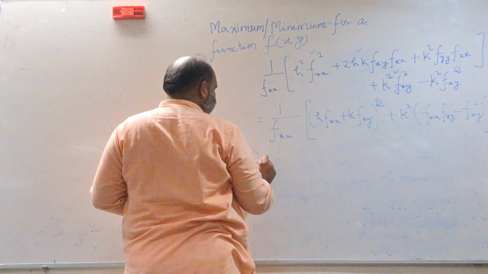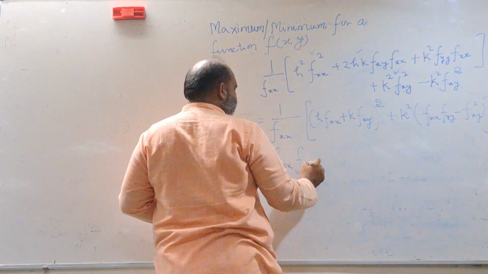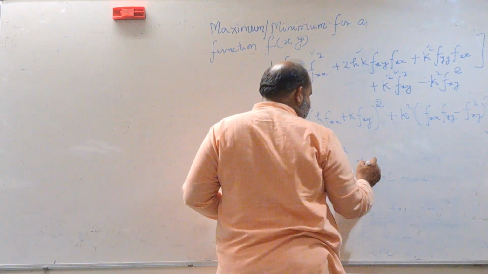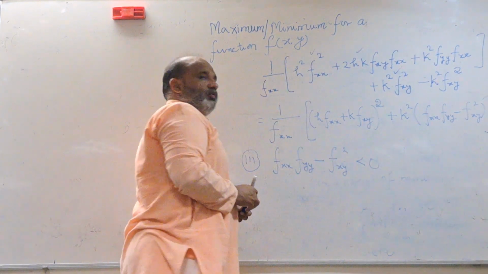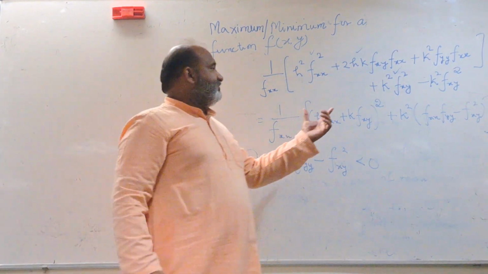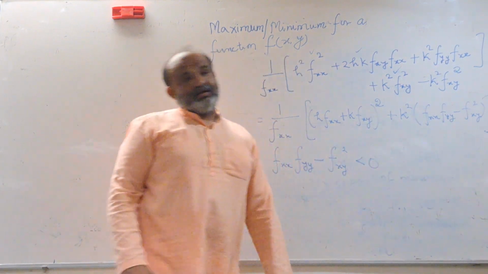Third case: fxx fyy minus fxy whole square is less than 0. Then this term will be positive, and this will be negative.